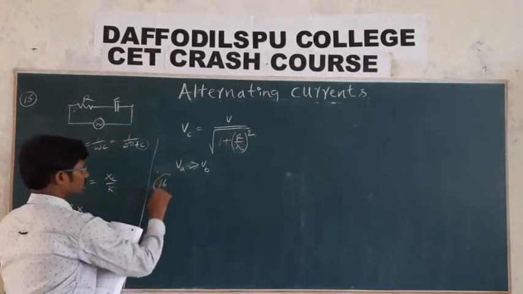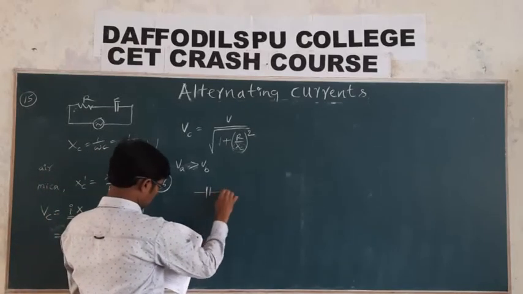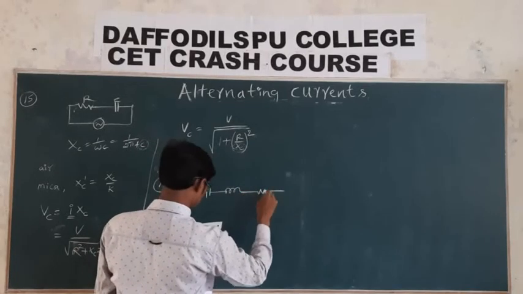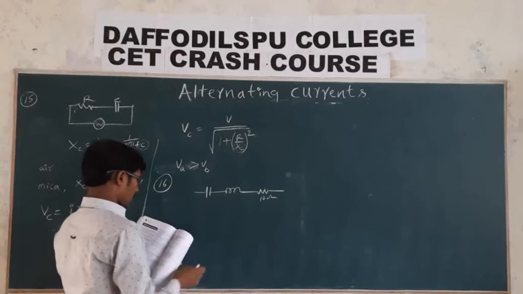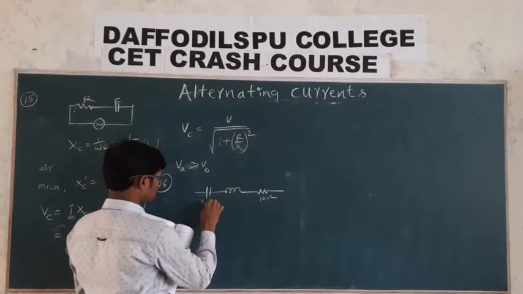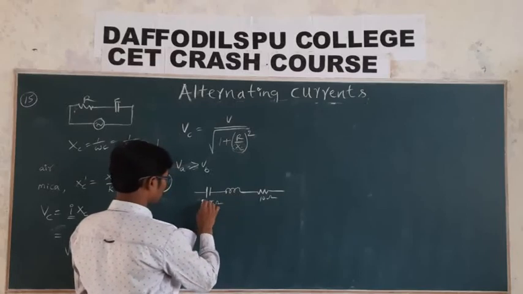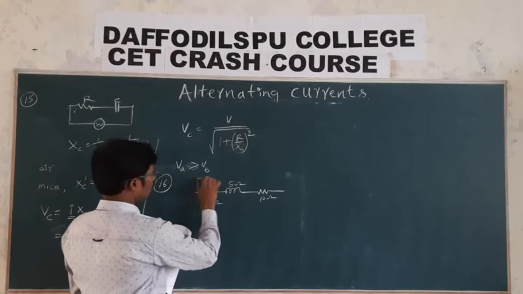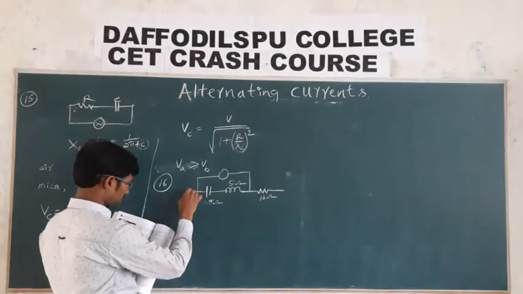Let us see the 16th one. Here a capacitor, an inductor and even a resistor of 10 ohm are given. XL is equal to 5 ohm, Xc is equal to 5 ohm. Now a voltmeter is connected between the inductor and the capacitor.